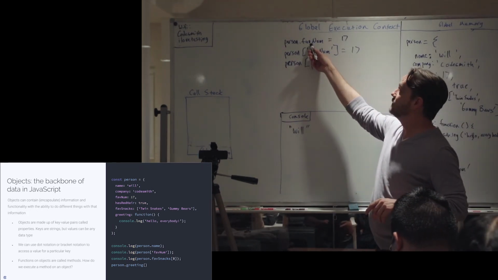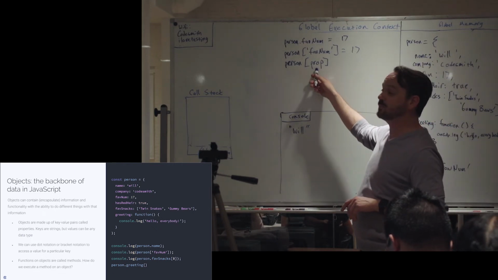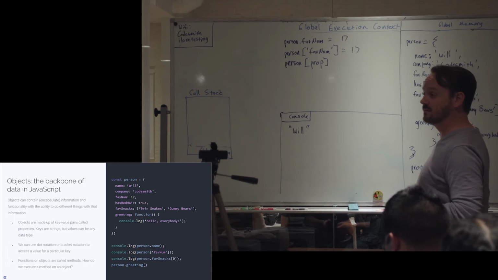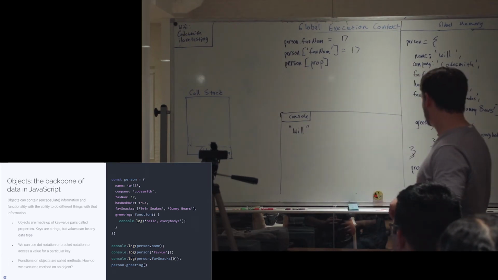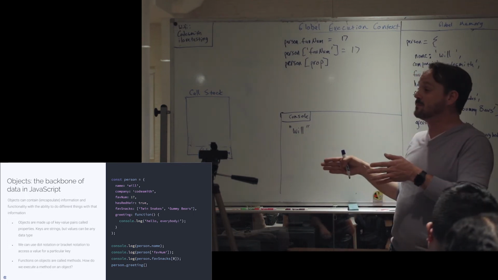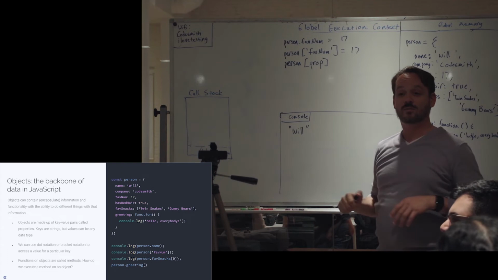So fave num is a key, right? But prop isn't actually a key. Fave num is the key. But prop evaluates to the string fave num. So if you want to use a variable name to get a key, then you pass it through with the bracket notation.